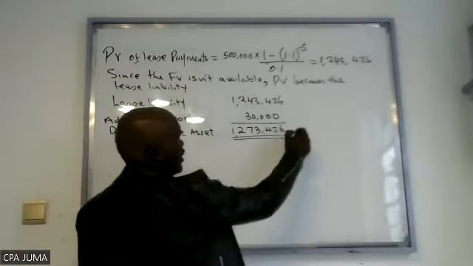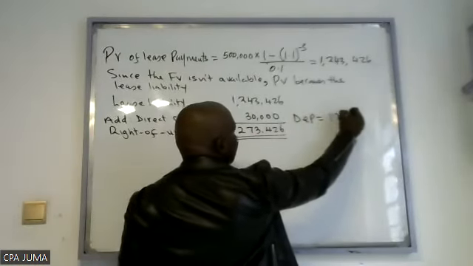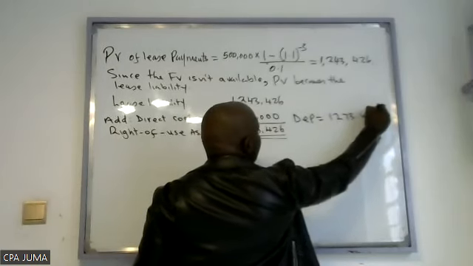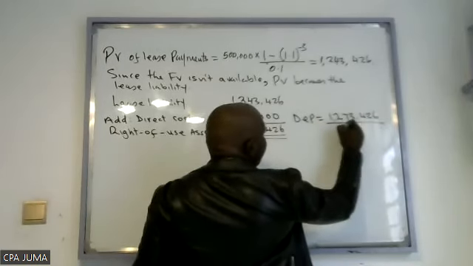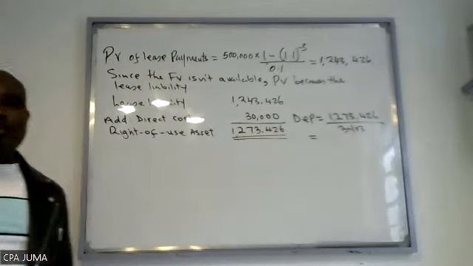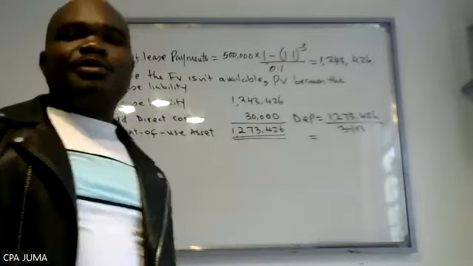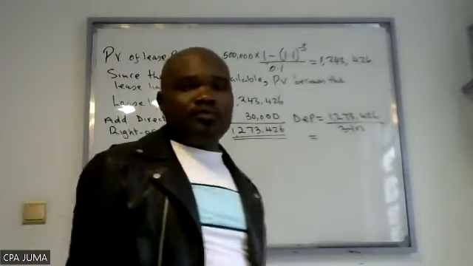Depreciation will be the right of use divided by 3 years. Depreciation goes up to the lease term.